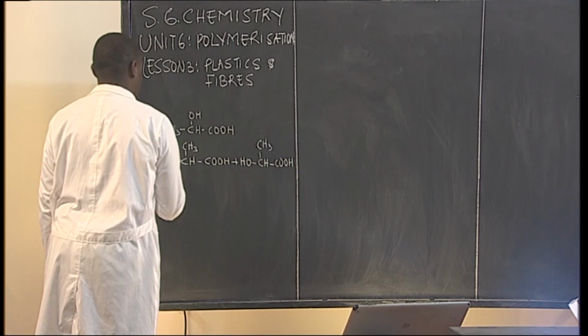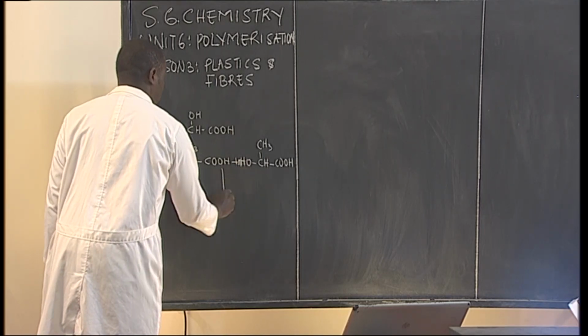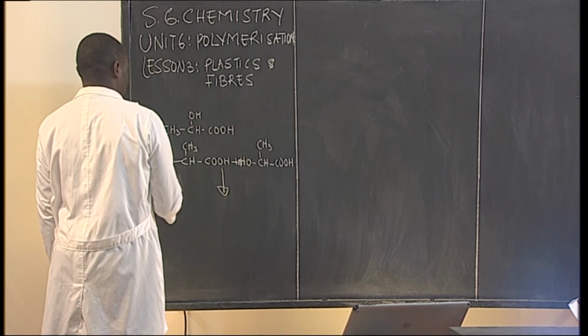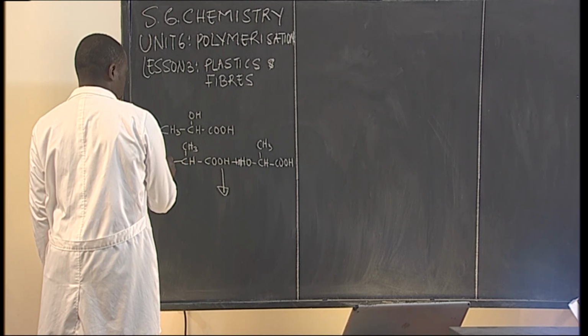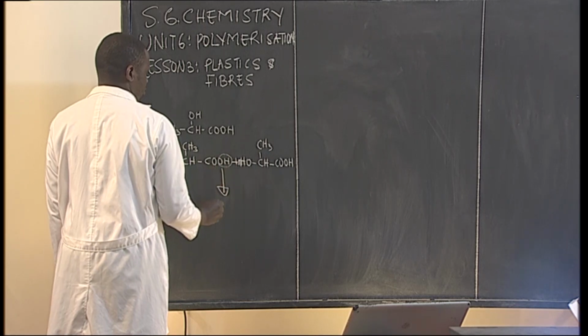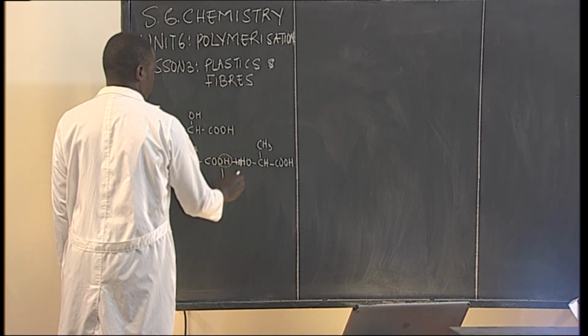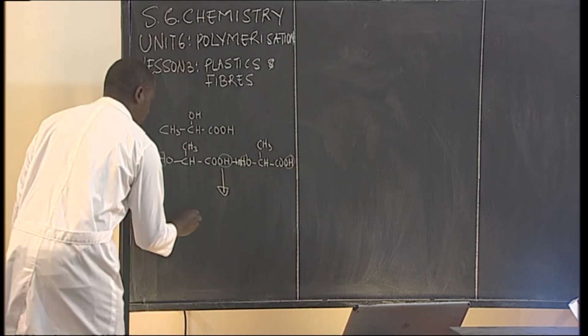So I'm going to use two repeated units here. Then I do like this. And here we are going to remove H. You can remove H, or we can remove OH. Then here we remove OH. Then we remove H here. Remove also OH. So our polymer will be like this.